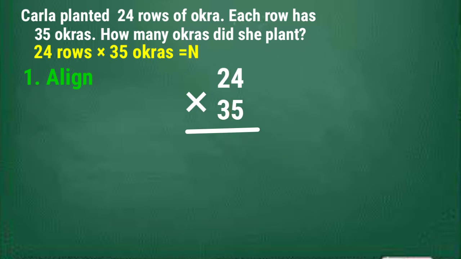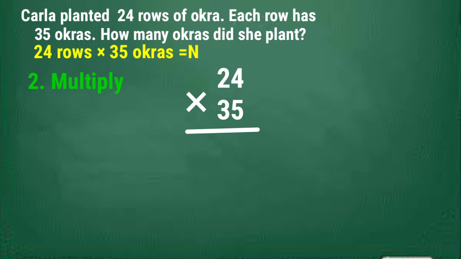So first, we multiply the numbers from the smallest place value going to the highest one and regroup if necessary. So we have here 24 times 35. What is the smallest place value of 24? We have 4. And how about 35? We have 5.